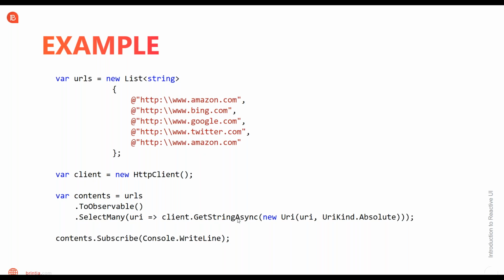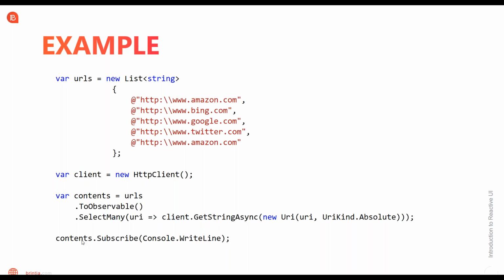Selecting the getString method as a new item, so it will process all the items and will create an observable with the outcome of this method.